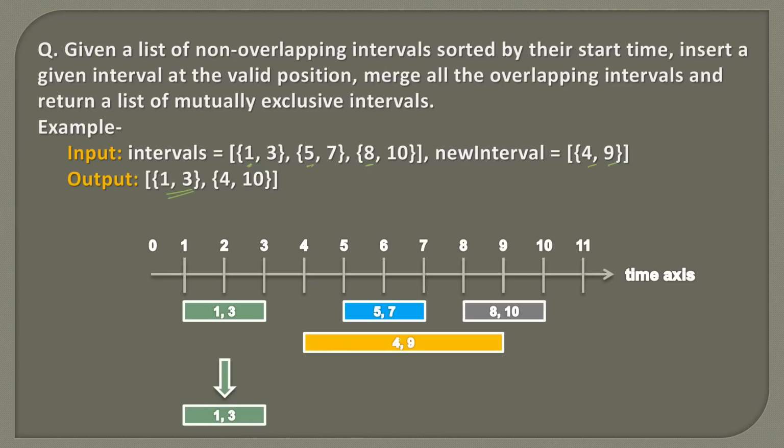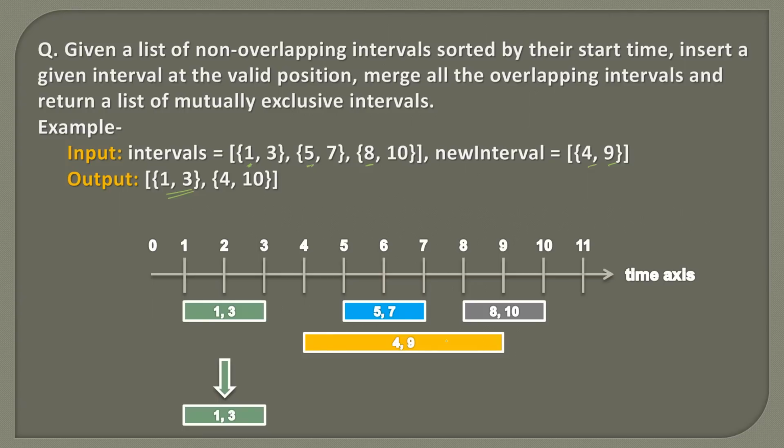Now here you can see when we will insert 4, 9, it will affect 5, 7 and also 8, 10. So as 4, 9 is completely overlapping 5, 7, if we put 5, 7 on top of 4, 9, that means merging of these two intervals will not get affected because 4, 9 is already overlapping completely 5, 7.